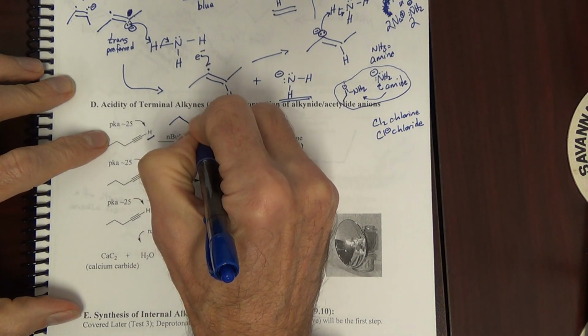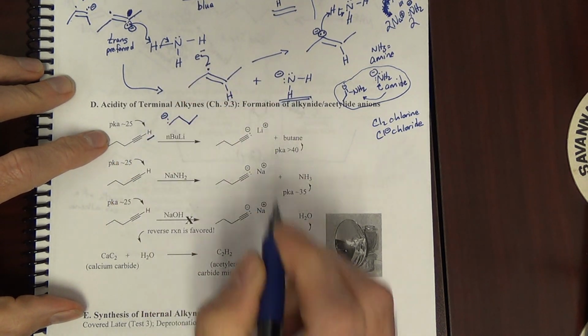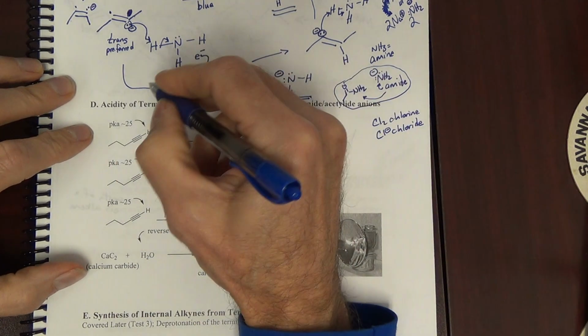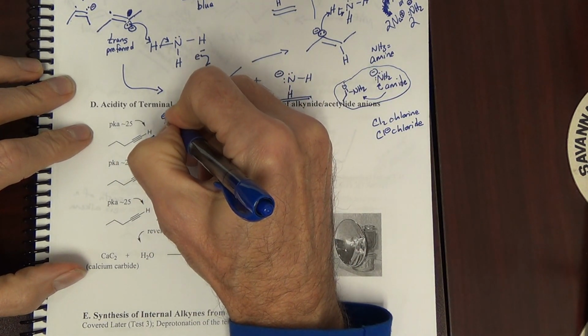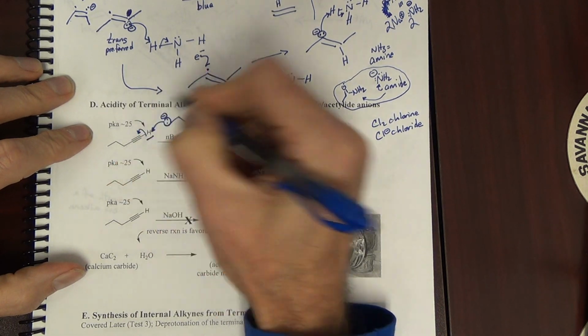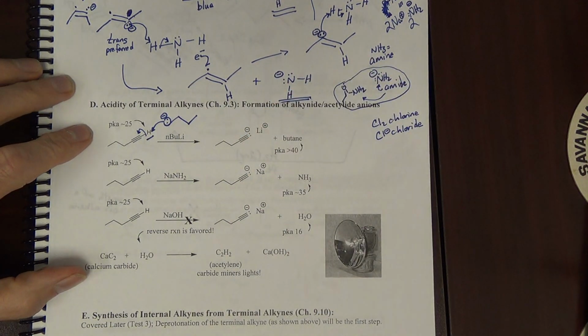Now this is actually just a butane anion, and then the lithium plus. But this carbanion will take the H, leave the electrons behind, and form another carbanion.